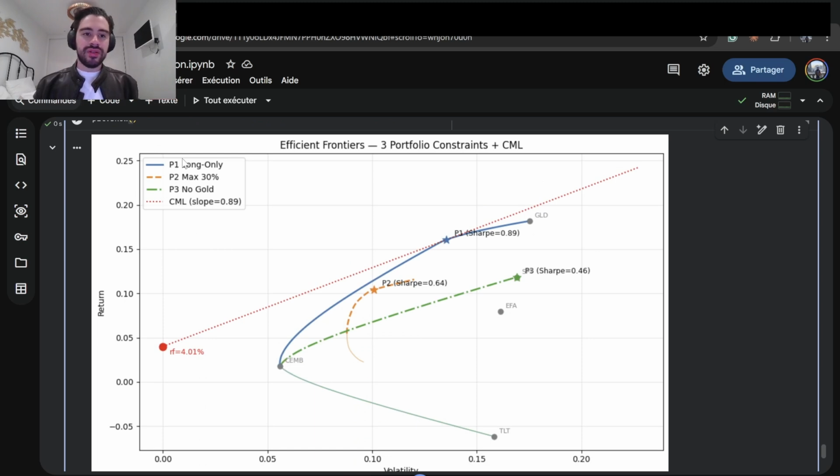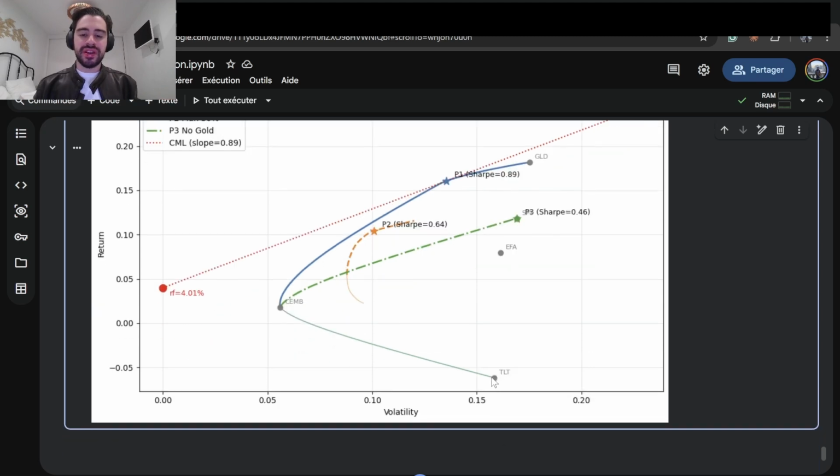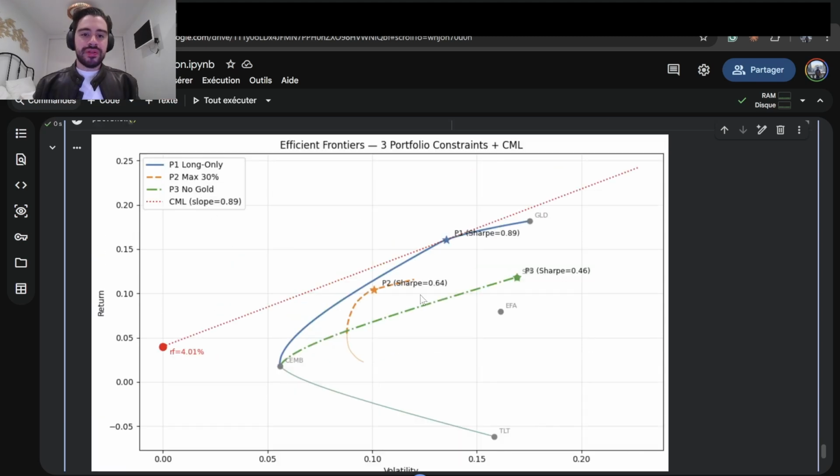And well, as a result you have this. This is the long-only portfolio. You can see it makes this curve, and this is the maximum Sharpe point, and this is the lower bound for everything that is lower than the minimum variance. As you can see, everything is allocated to TLT. And well, you can see the restricted, the 30% portfolio.